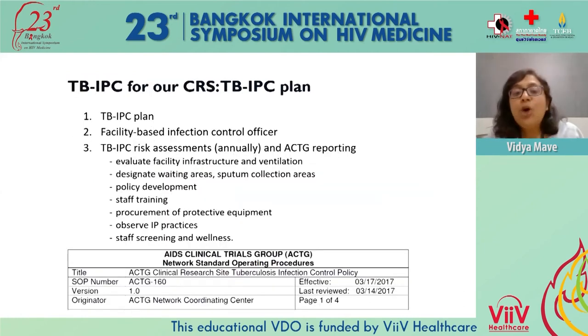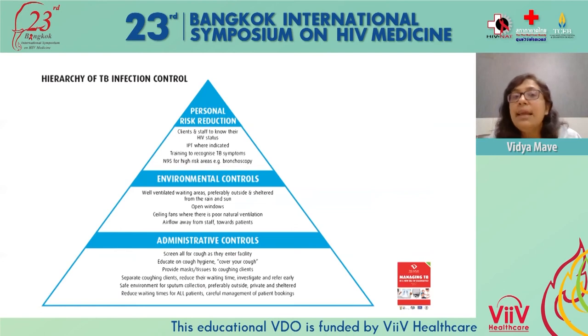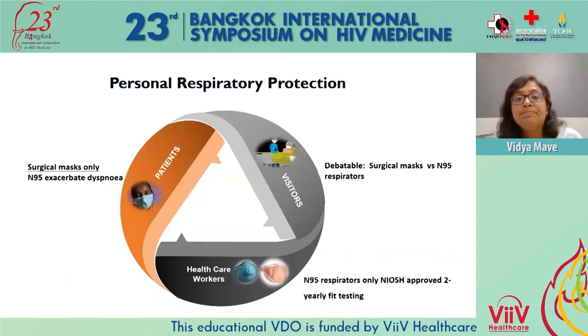And then we have adopted AIDS Clinical Trials Group network standard operating procedures for TB infection control, where basically 3 levels of infection control are followed: personal level, environmental level, as well as administrative level. In administrative controls, we already have the FAST strategy implemented, separating and ensuring that they are started on TB care or at least TB diagnostics.